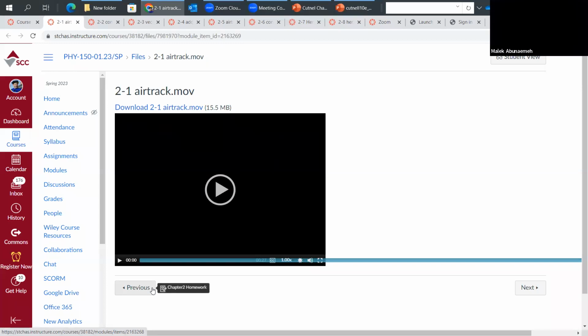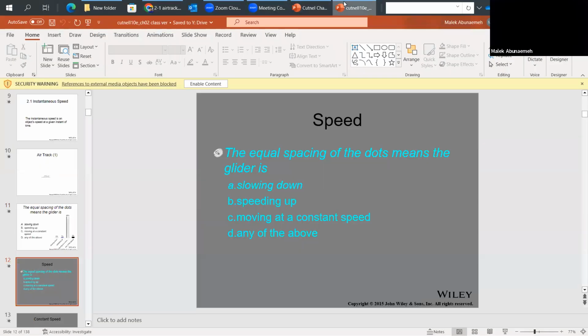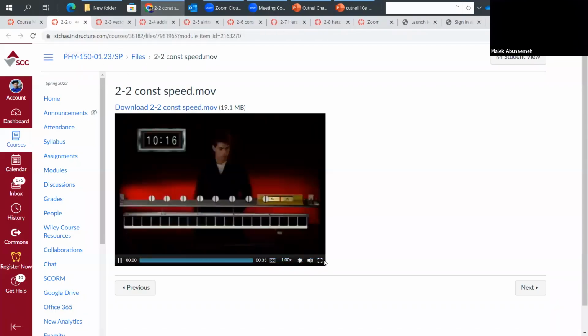I don't know why this video always cuts off so short, but you have a glider going down and we're recording the position of the glider at regular intervals. What do those dots tell you about the glider's motion? Is it slowing down, speeding up, moving at a constant speed, or none of the above? Go ahead and lock in your answer right now. And let's look at the next video.